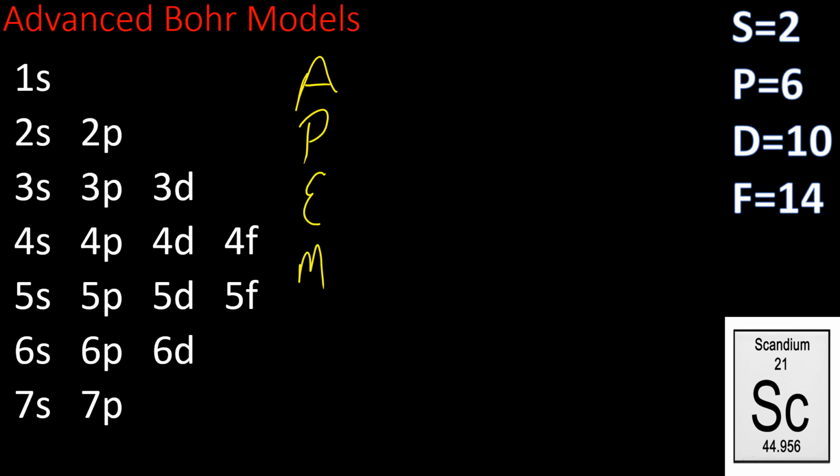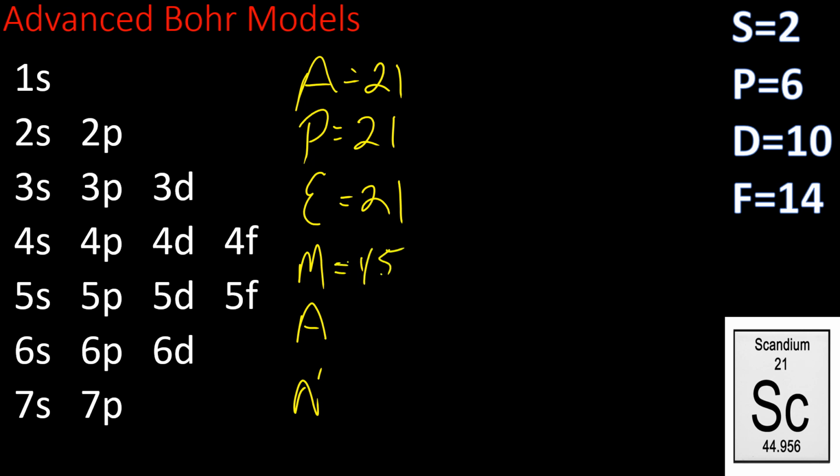So my atomic number for scandium is 21, which means my protons are equal to 21 and my electrons are equal to 21. The mass of scandium, when rounded, is 45. My atomic number again, 21. We make that into a little subtraction problem, so that is going to be 24 neutrons.